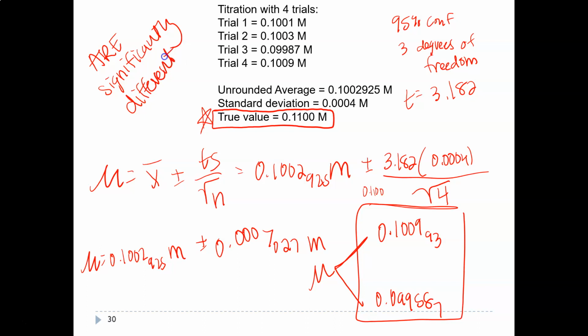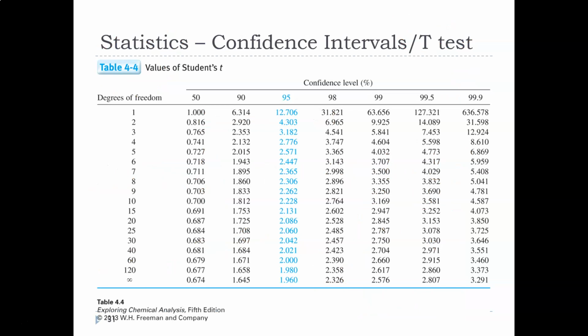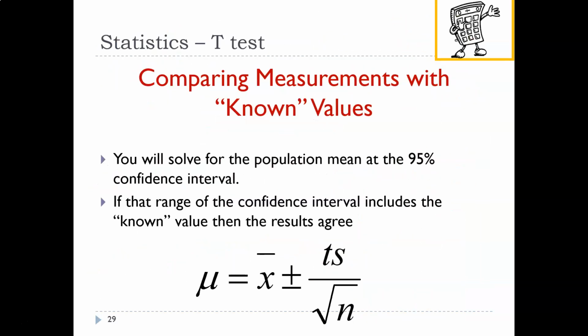If the true value falls outside of the confidence interval, then it didn't work. If the true value falls within the confidence interval, then it did. Okay, so again, the t-value came from that table. And if the range of the confidence interval includes the known value, then the results agree, they are not significantly different.